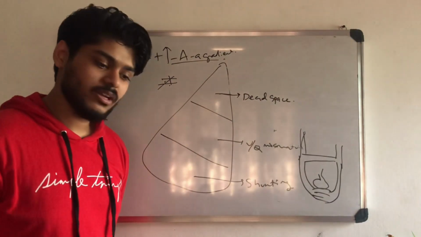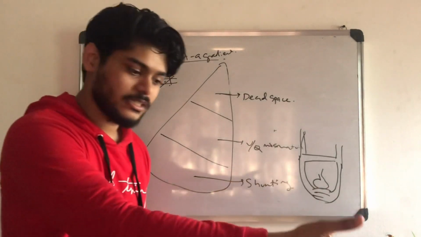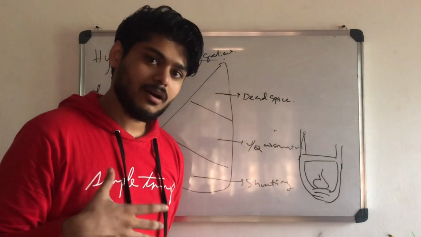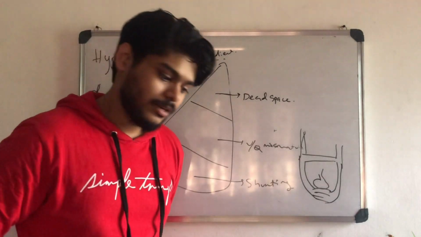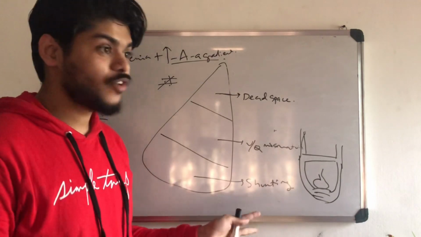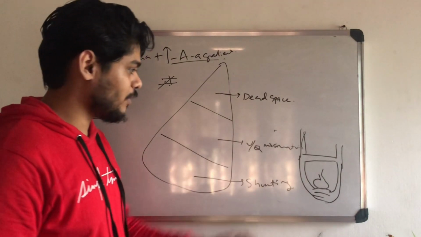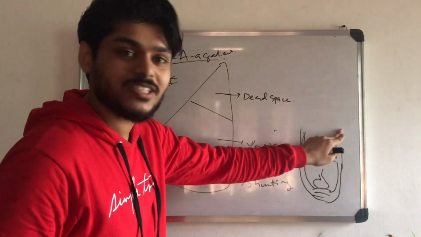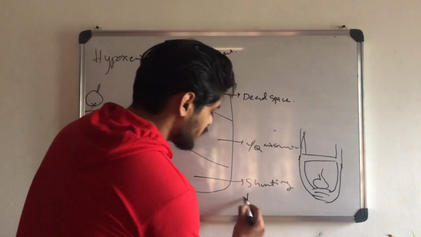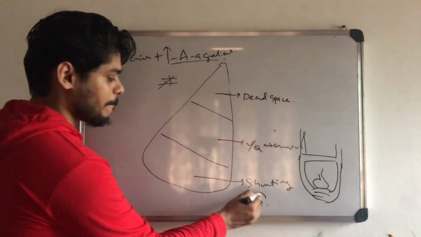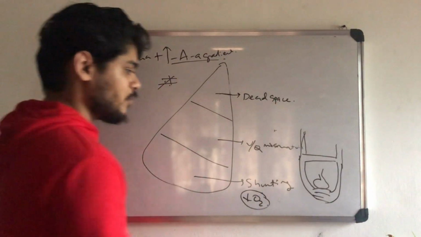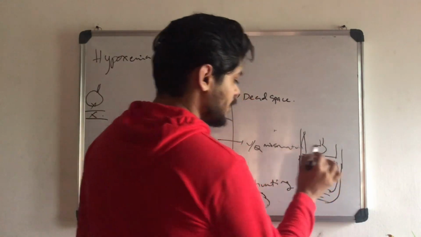Alveoli give the oxygen and take the carbon dioxide and go. But now alveoli is not there, and blood vessel is searching for alveoli because it needs oxygen, but it is not getting oxygen. So there is less oxygen in the blood. Hypoxemia happens, hypoxia happens. Understood?